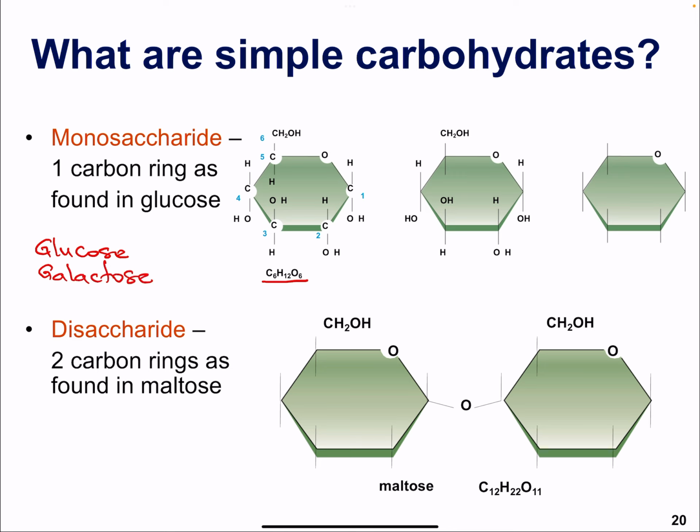Galactose is another monosaccharide that is C6H12O6. A third one I would like to mention is going to be mannose. A fourth one is fructose. Fructose is found in fruits. Glucose is found about everywhere. Galactose is found in milk. Just to give you a reference.